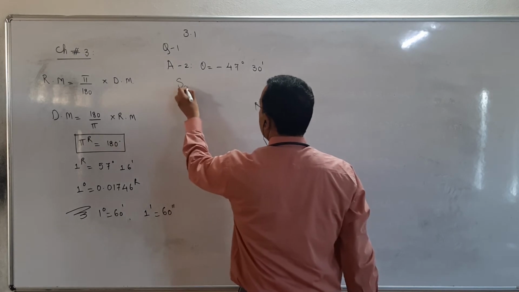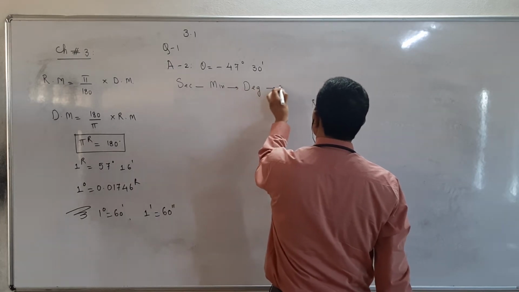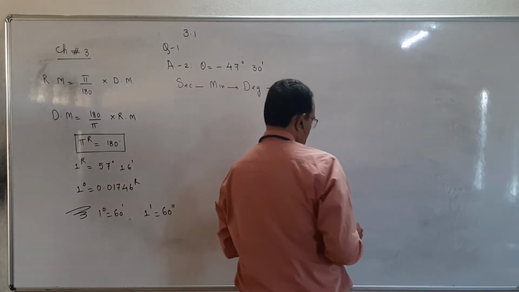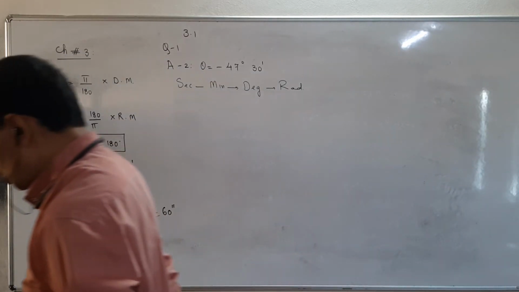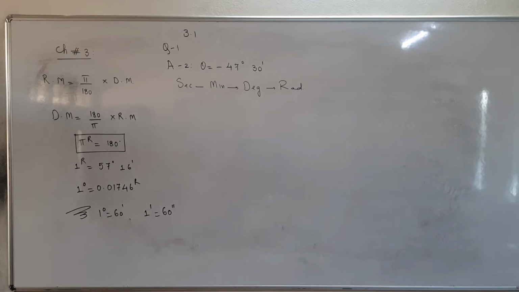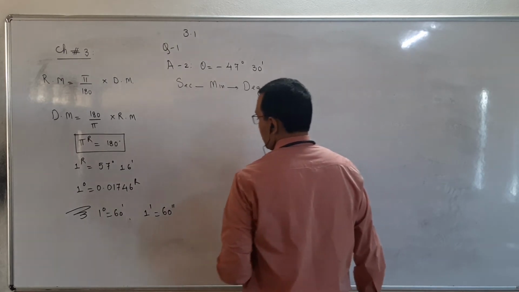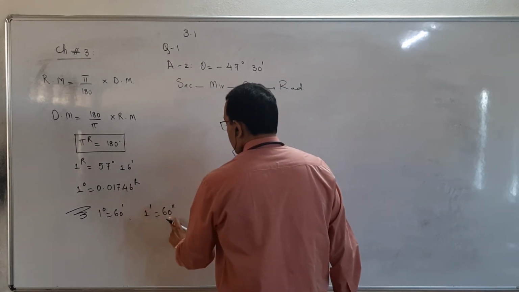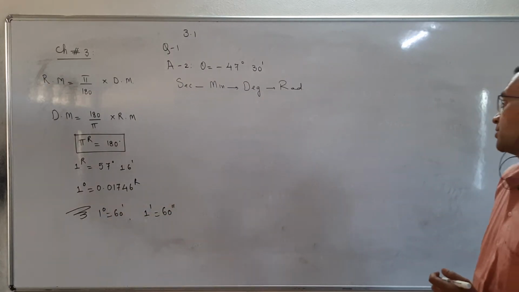Convert second to minute, minute to degree, and degree to radian. This is the chronology, students, which we will follow. Here there are no seconds, so minute to degree. 1 minute is 60 seconds, and 1 degree is equal to 60 minutes.